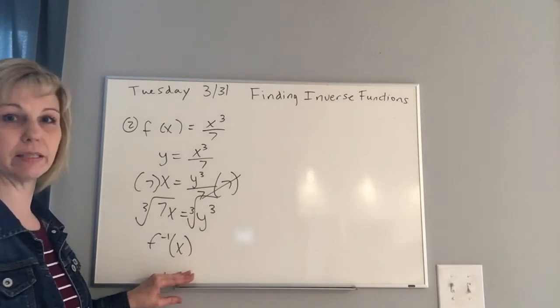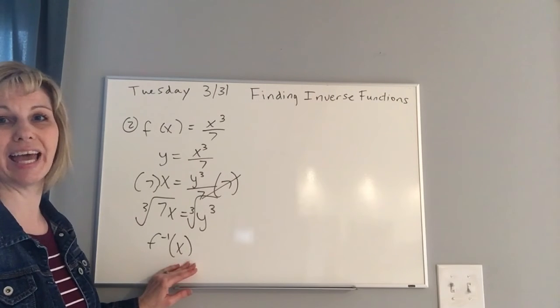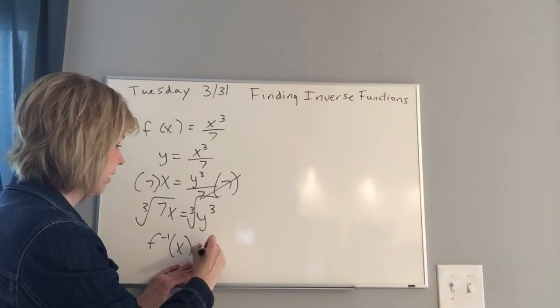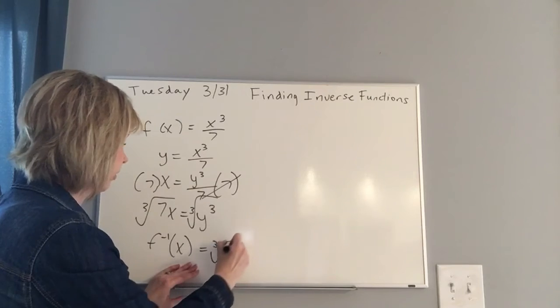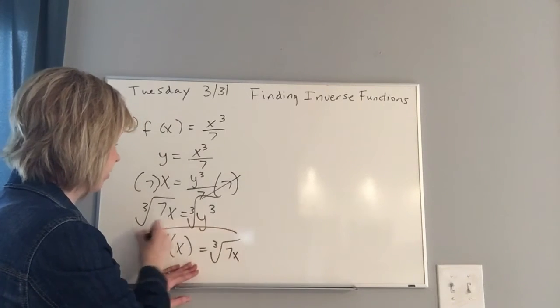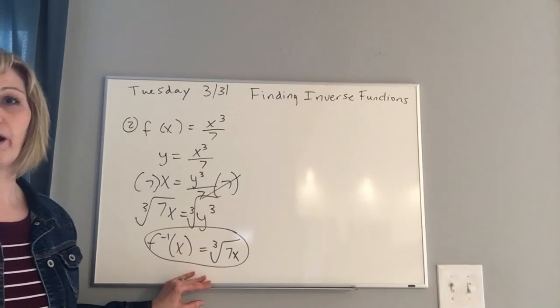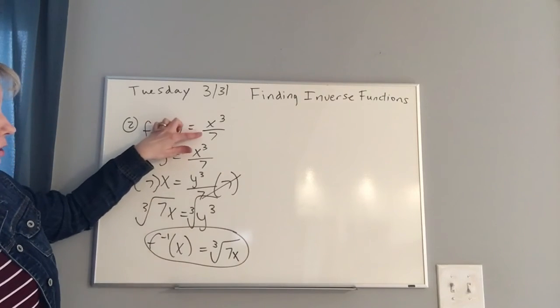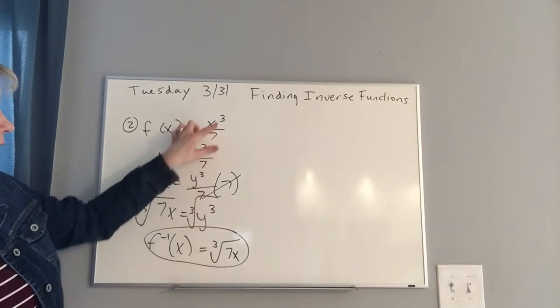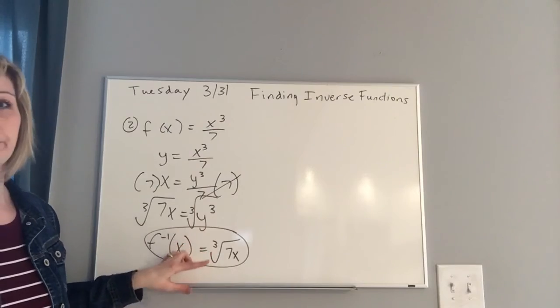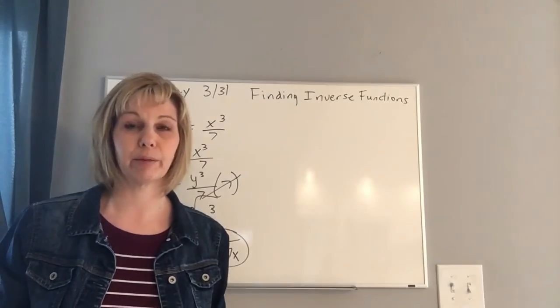Again, this means f to the negative first of x, the inverse of f of x, equals the cube root of 7x, all underneath. That's what you're doing. You're undoing what's happened in the original problem. If there's division, then there's multiplication. If there's power, then there's root.